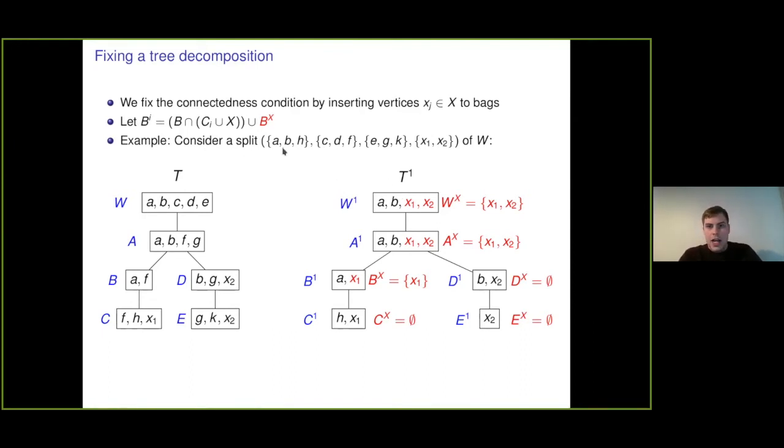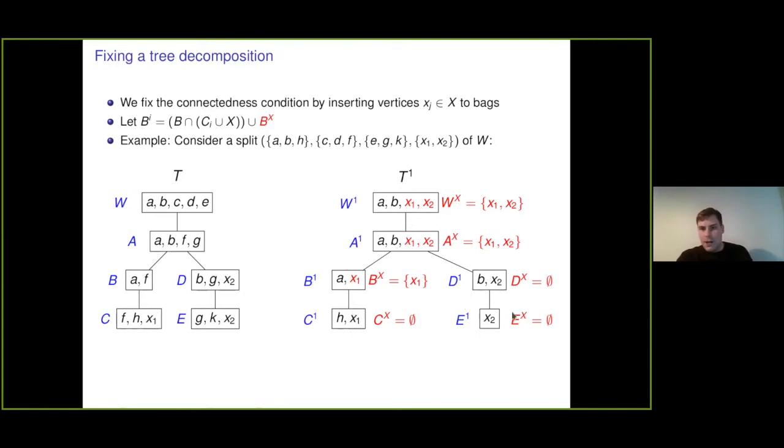So let's have some split of the root bag W. Here is T, here's the root bag W, and let's have some split of the root bag. Now we insert both x1 and x2 into this root bag, and then let's consider the path from the bag containing x1 that is closest to the root, and we insert x1 to each bag in the path, and same for x2.